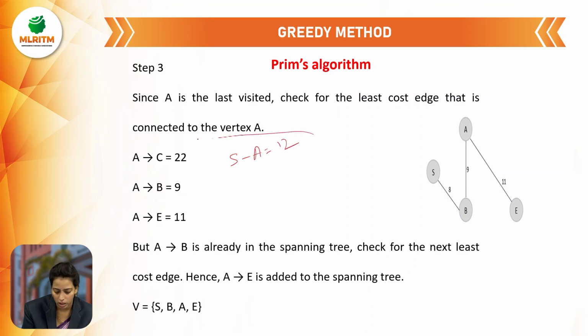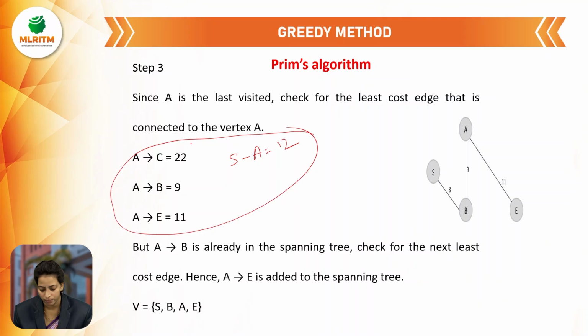Among these 4, which one is minimum? A to B is already over, right? So don't consider this one, as that node is already added. So next, A to E is minimum.